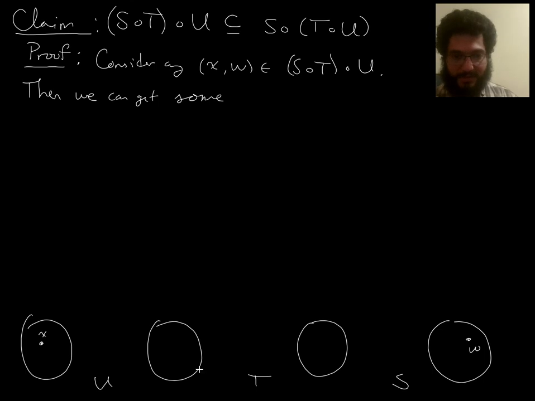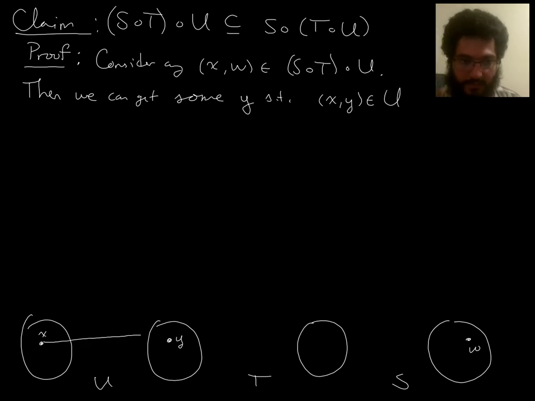So here. How about I call that middleman y? So we can get some y such that xy is in u. That's me forming this link here. We're not forming it, but arguing that it exists.